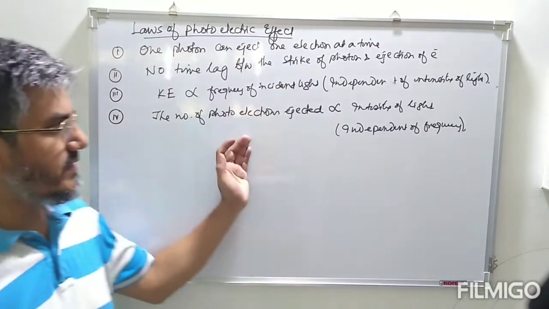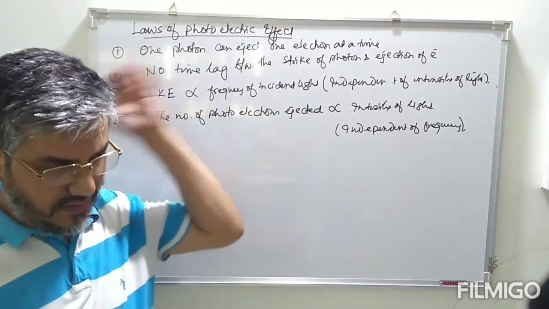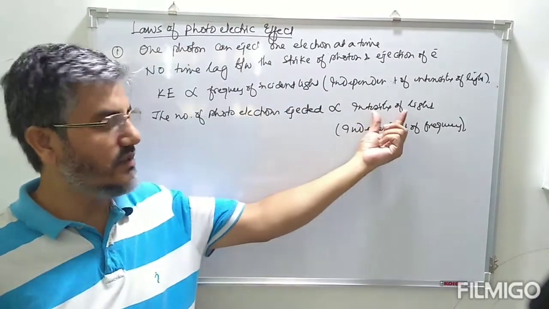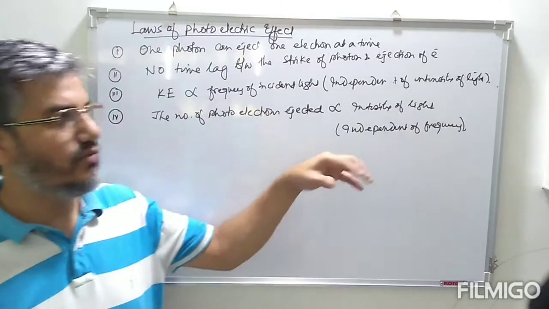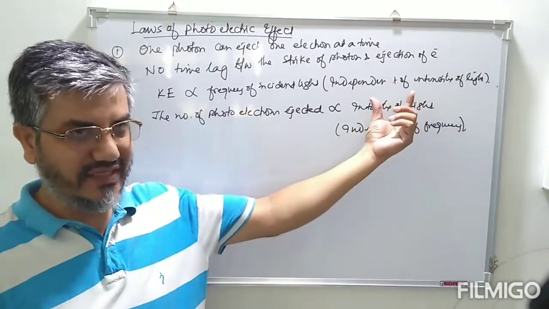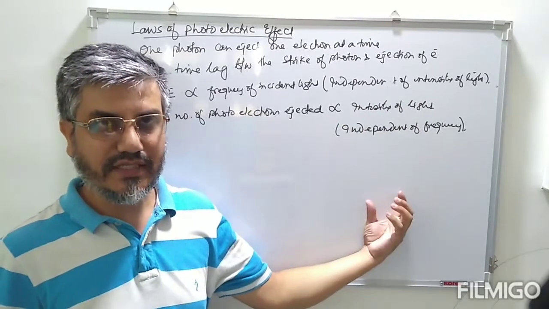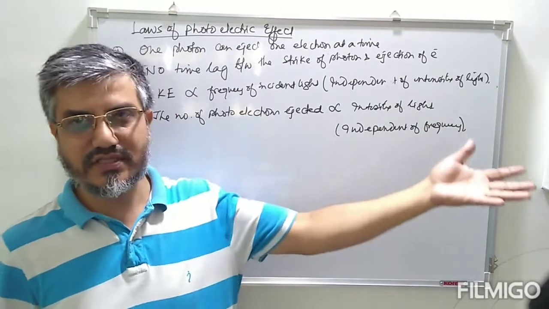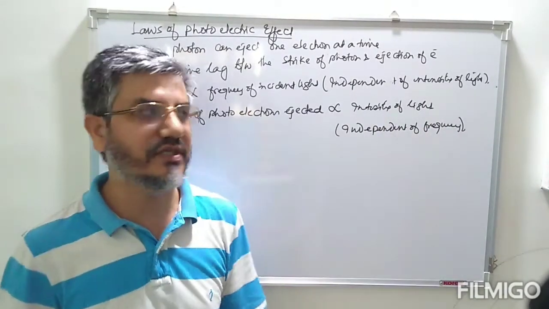So how many electrons are ejected depends on intensity. With light of proper frequency, if the intensity is different, more intense light will eject a larger number of electrons. If the intensity of light is less, that means dim light will eject fewer electrons, provided the frequency is above this minimum frequency.